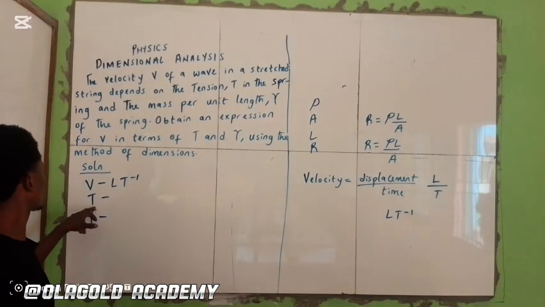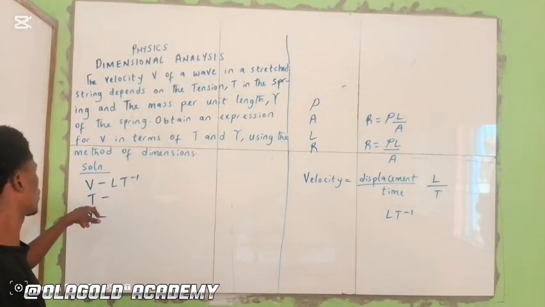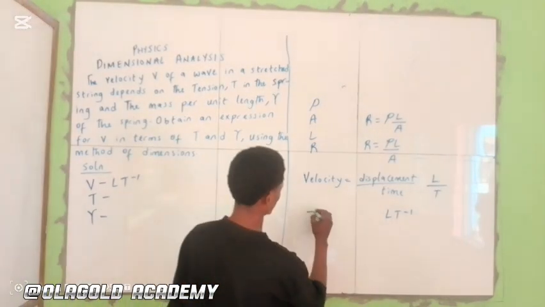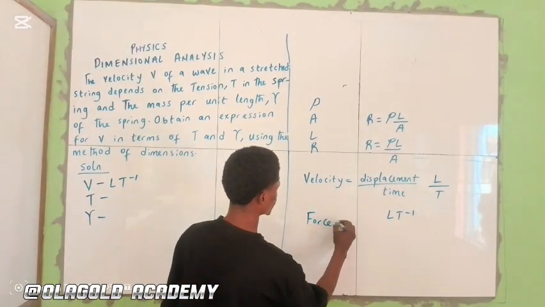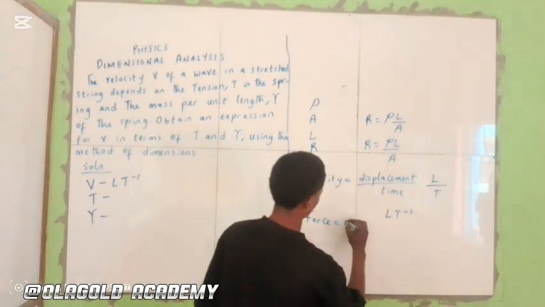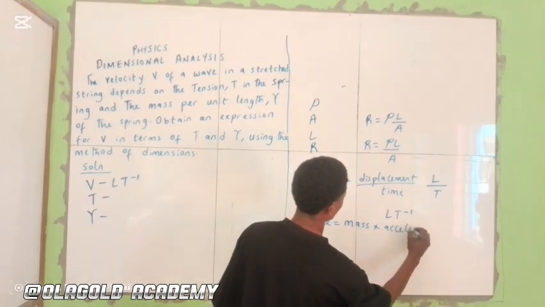Okay, tension now. I said tension is a kind of force that acts on an elastic spring or on a spring. If that is so, now force is known to be mass times acceleration.